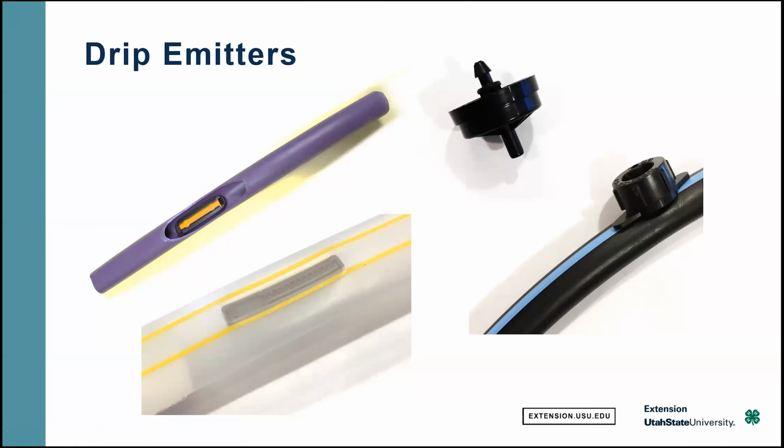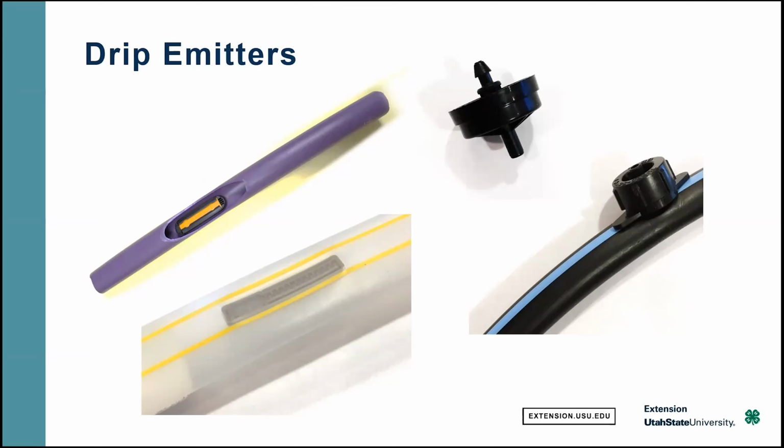Emitters always have some kind of design to try to make water flow relatively uniformly through the emitter. In the case of this clear drip tape example, you can see a brown emitter, and I hope you can see that it has a long little zigzag channel in it.